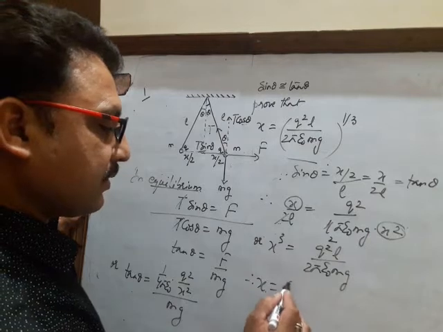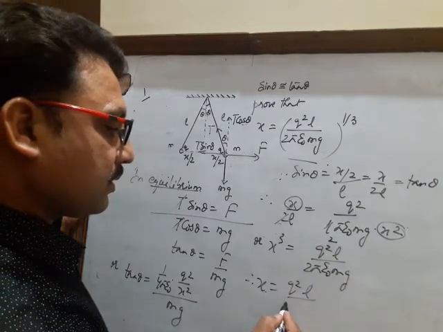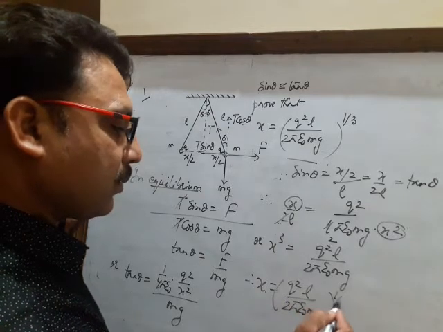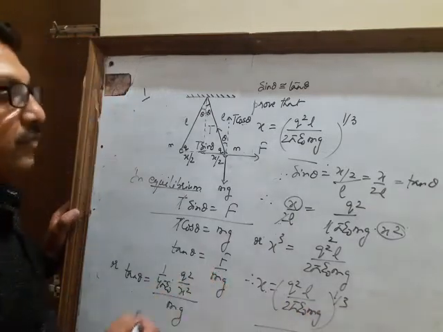Therefore x equal to (q square L upon 2 pi epsilon naught mg) whole to the power 1 by 3, hence proved.